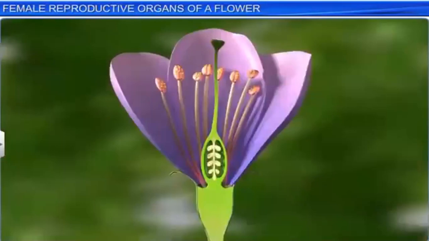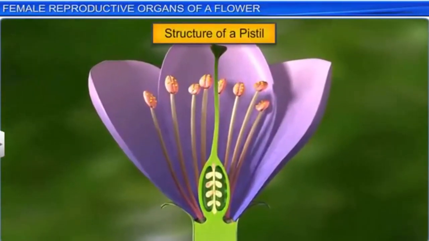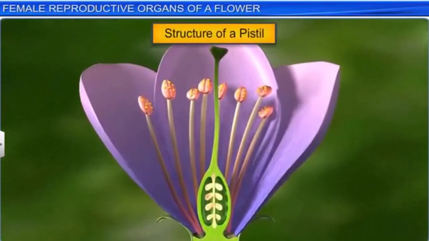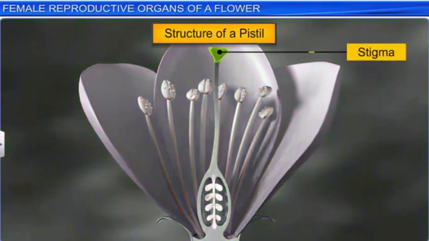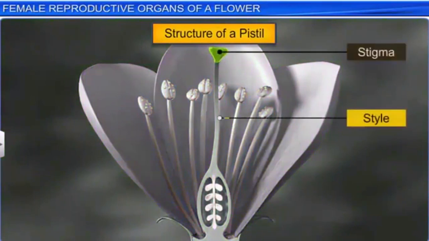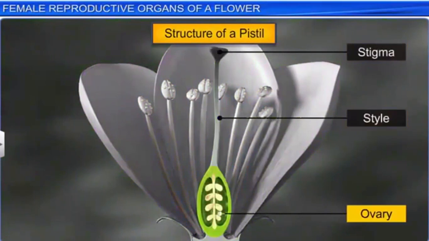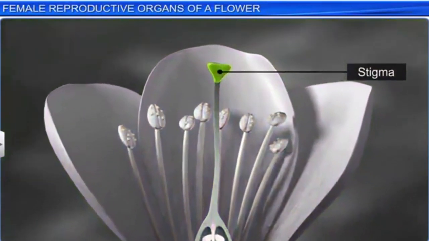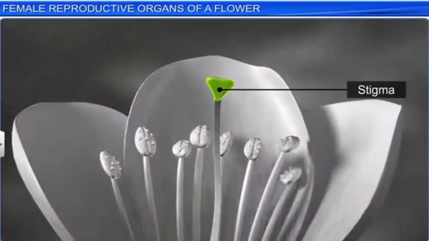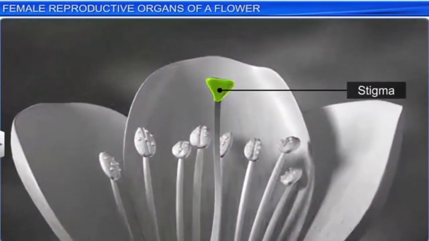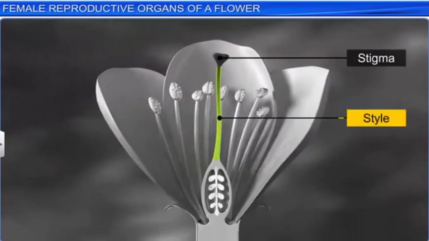The structure of the pistil consists of 3 parts. The upper part is called the stigma, the next part is the style, and the basal part is called the ovary. The stigma receives pollen grains of the same species and different species. It has the ability to recognize the pollens.